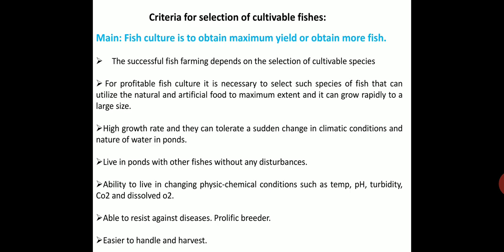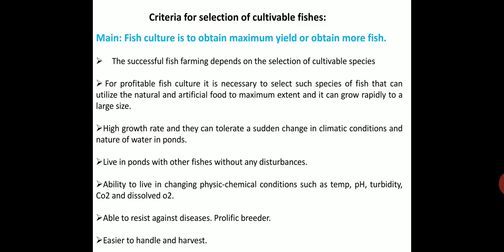For profitable fish culture, it is necessary to select a species of fish which can use both natural as well as artificial food to a maximum extent, and which can grow rapidly to a large size.